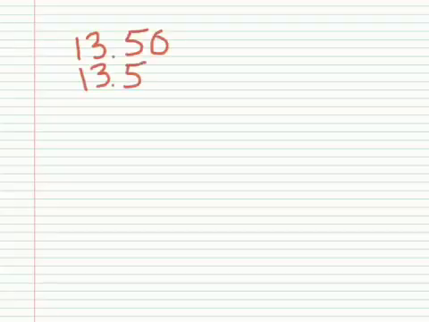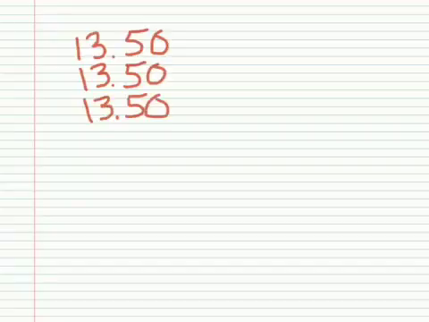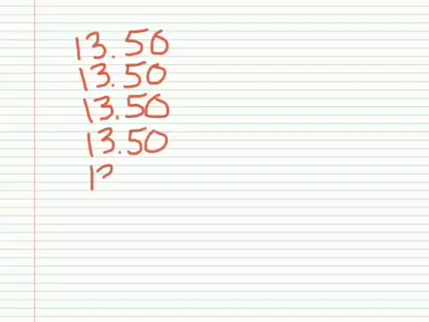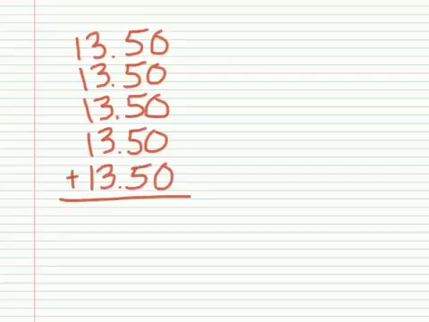So the first one, we've got $13.50, and we're going to add that to itself 5 different times. Well, maybe not 5 different times, but there are 5 different numbers we're adding together, all at the same time. But I think y'all are smart enough to know what I'm trying to say. So we got 5 zeros, all those together is going to be 0. We got 5 5s, those added together is going to give us 25.